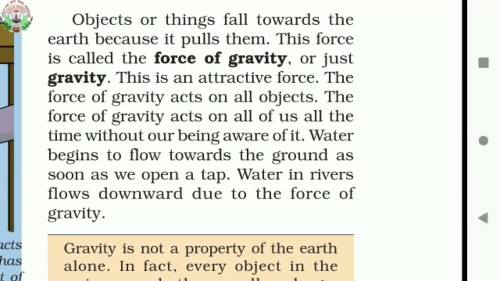Objects or things fall towards the earth because it pulls them. The earth attracts every object towards its center with a force. And this force is called the force of gravity, or you can call it gravity. So what is force of gravity? Force of gravity is the force with which the earth attracts every object towards it. This is an attractive force.